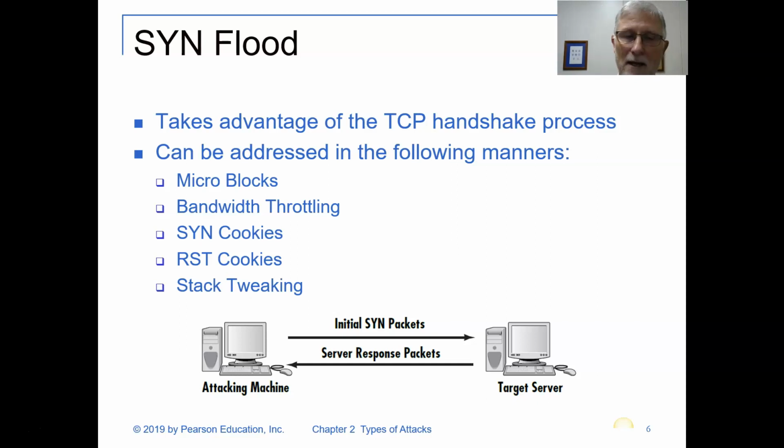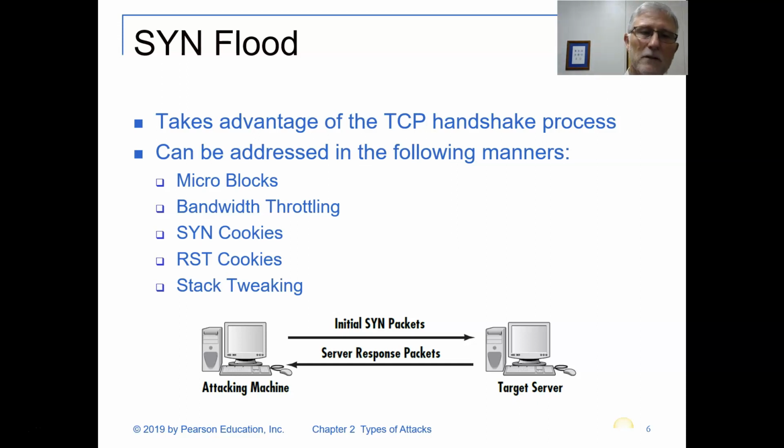Send cookies. Pretty much like what does a cookie do on your web page? It tracks information about you. Well, if I embed a cookie in my initial request to log into your system, I've got some information that I can go back to.